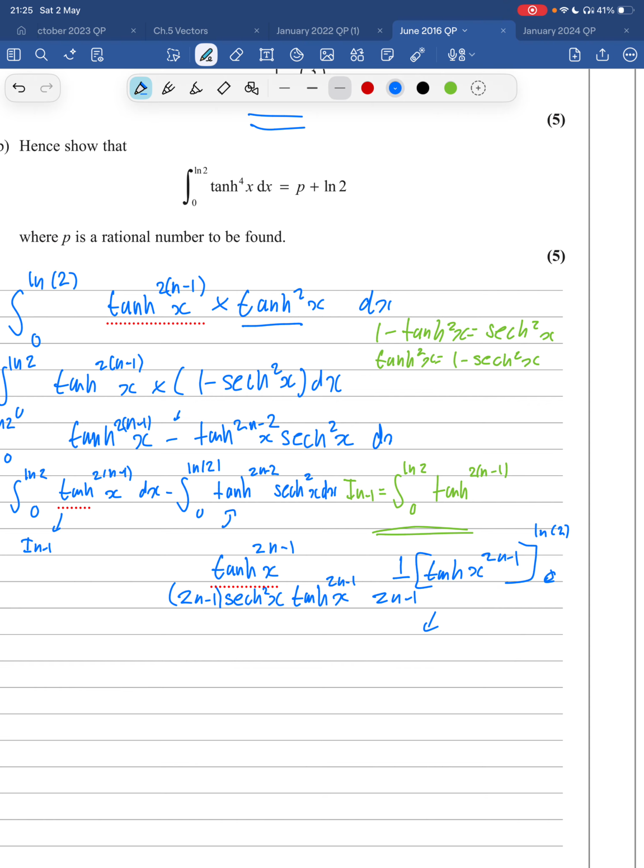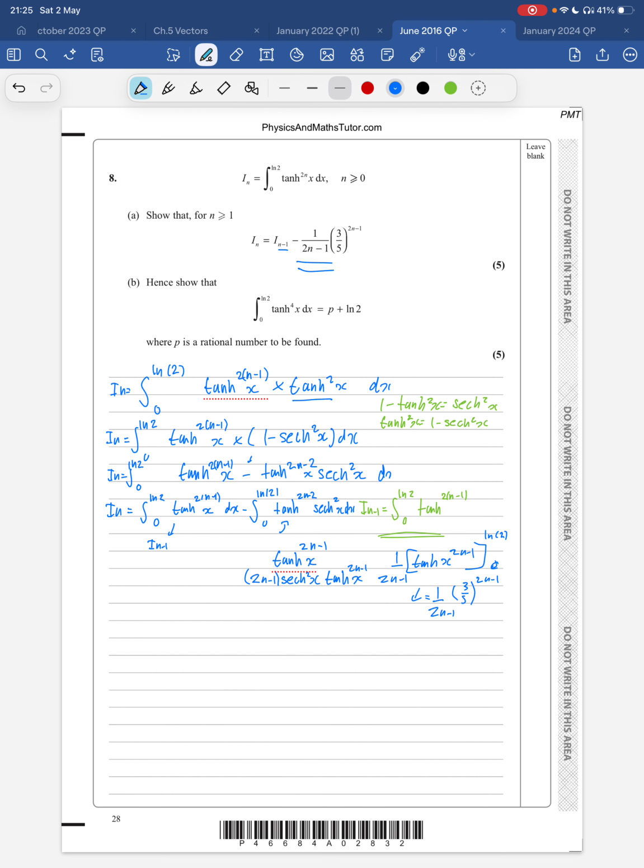Tanh 0 is equal to 0. Tanh of natural log 2 is equal to 3 over 5. So we could just write this as 1 over 2n minus 1, brackets 3 over 5 to the power of 2n minus 1.